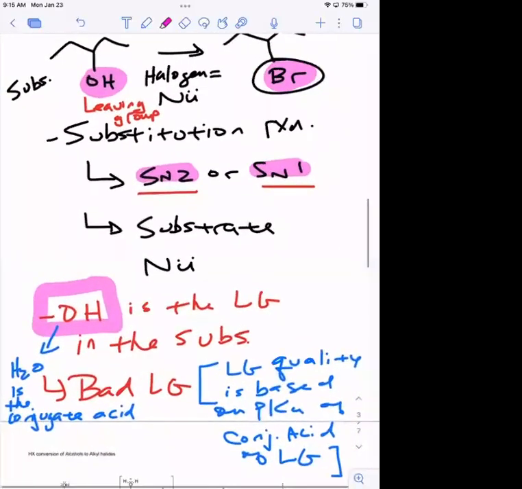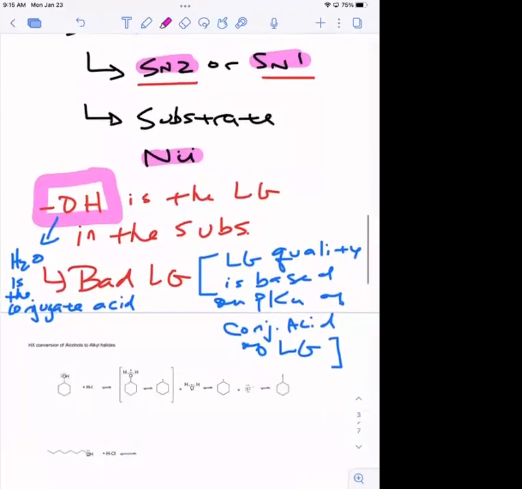You need to remember what a nucleophile is from part 1. And you need to remember what pKa is, what it measures. It's a measure of acidity, and it's based loosely on how stable the conjugate base is of a particular acid. But we'll dig more into that later.